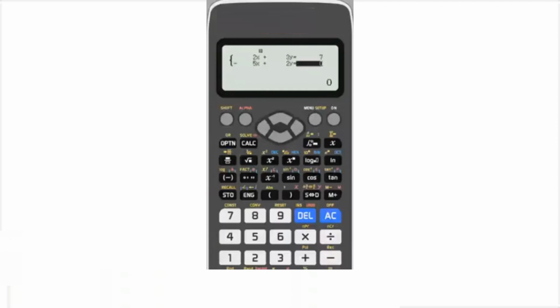Let's say these are the two simultaneous equations and I wish to solve them simultaneously. I'll press equals to. My first answer is x is equals to 2. The value of y is 1.